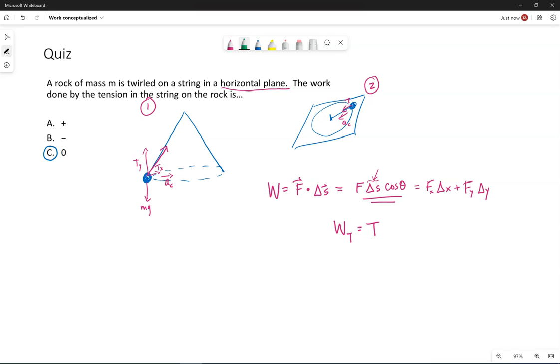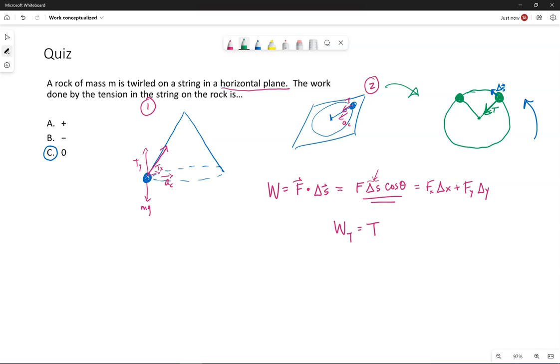So for example, let's take case 2. Let me draw as if we were looking down from above. So here's our rock. We know the tension is pointing in towards the center, but the delta S, let's say the rock is twirling counterclockwise, at any given instant, the delta S is tangent to the circle.